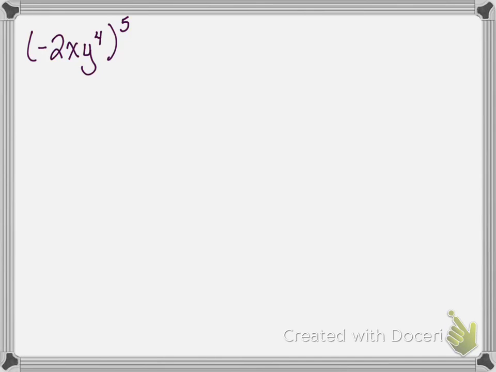Okay. Now, we're using those same 2 properties again. This is another place that students make mistakes: they mess up the negative sign. I want you to get in the habit of writing that -2 inside parentheses, because the negative and the 2 is being raised to the 5th power.